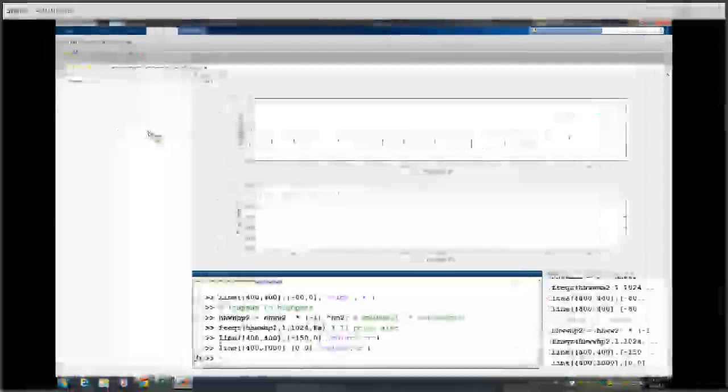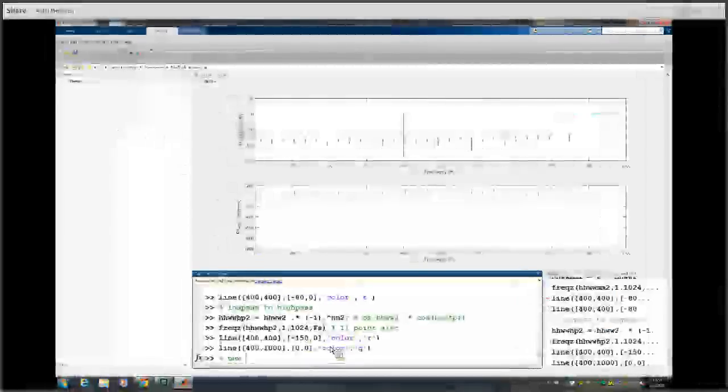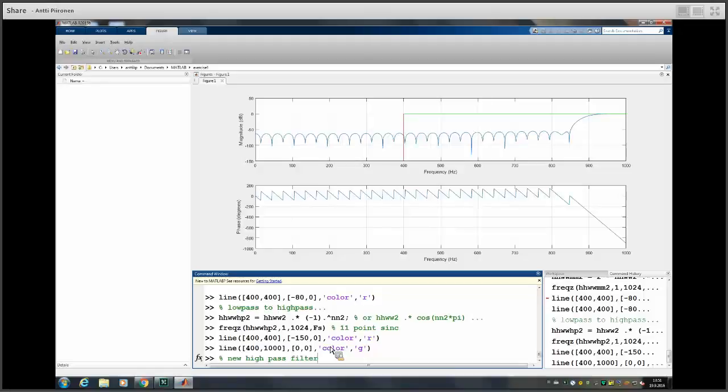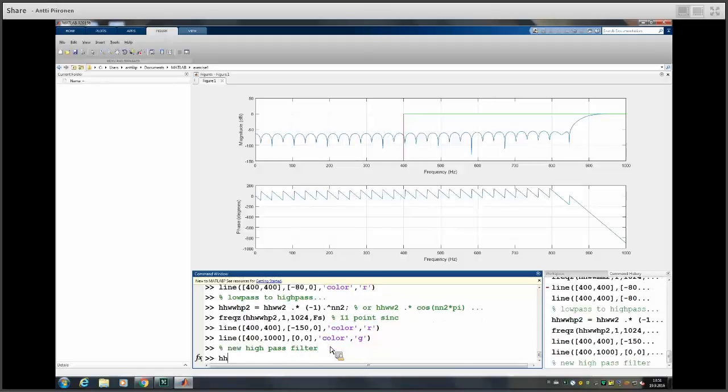Maybe I should do this high-pass filter again, just for fun. And I'll start with HH2, I'll make it HH22, and not FC, but there I have 600 Hertz cutoff frequency, the bandwidth.